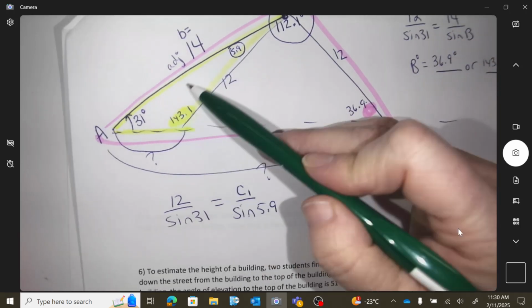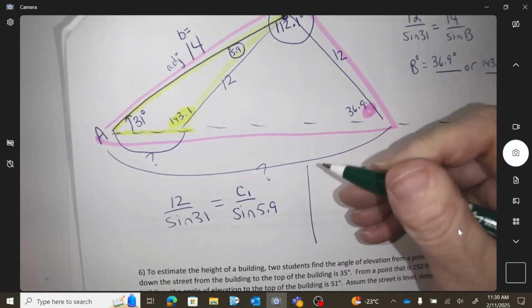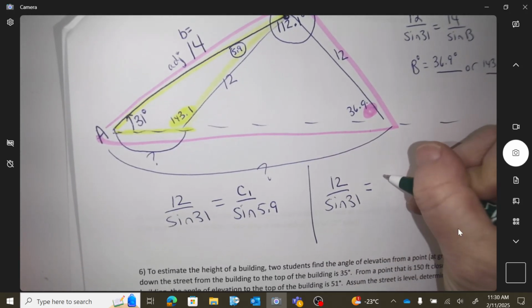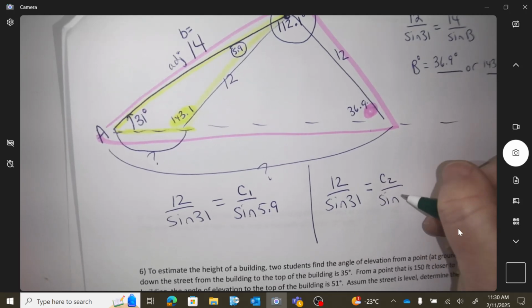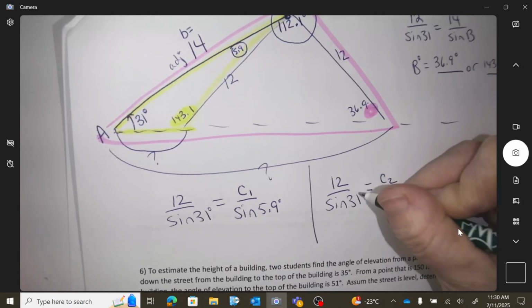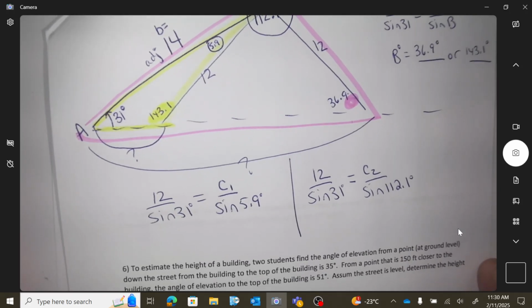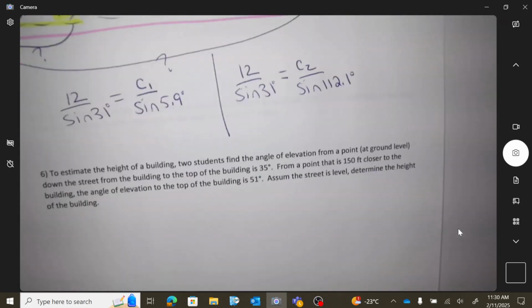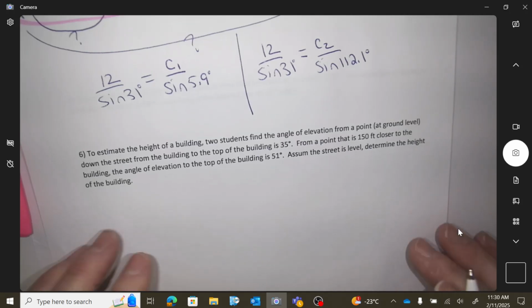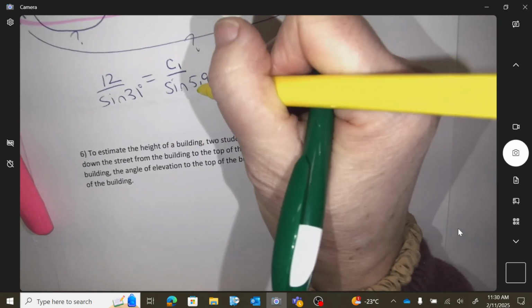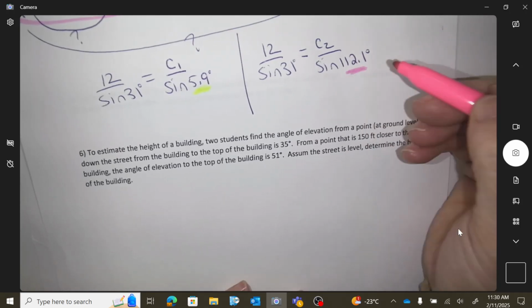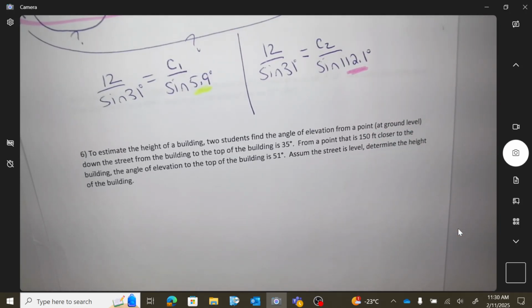So 5.9 across. Okay, one's going to be pretty small, one's going to be big, right?